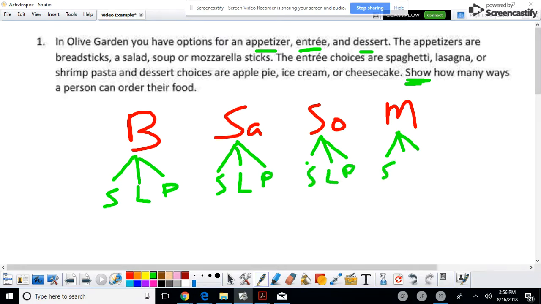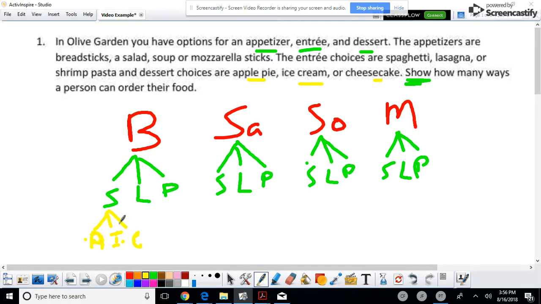SLP. SL. Now, the dessert choices are apple pie, ice cream, cheesecake. So each entree gets the three legs. So you got apple pie, that's an A, ice cream, and cheesecake. Please excuse my writing, but that's what it's supposed to be.